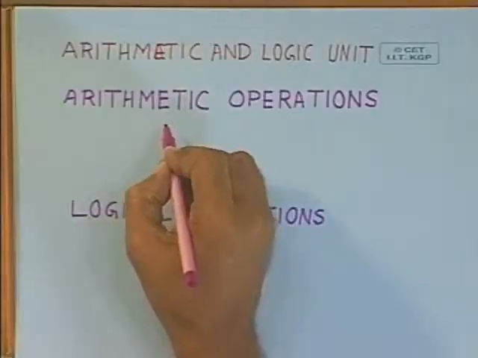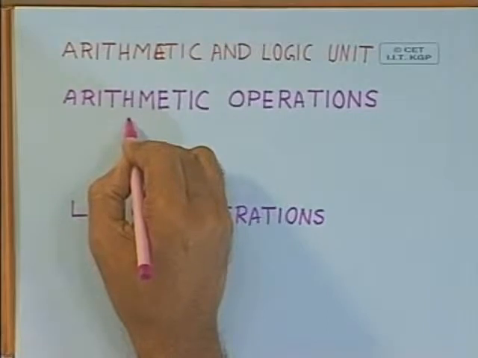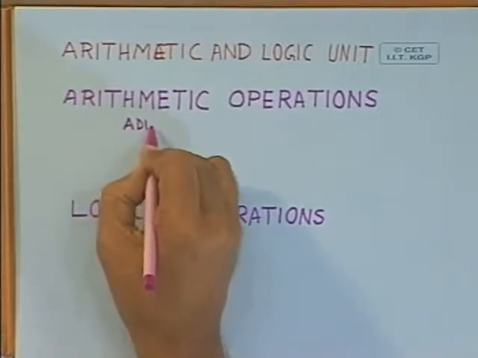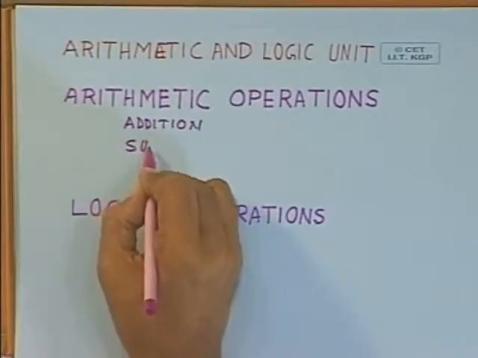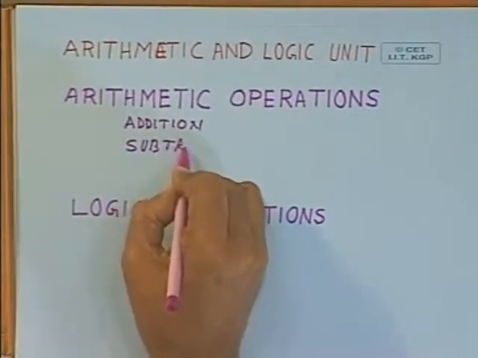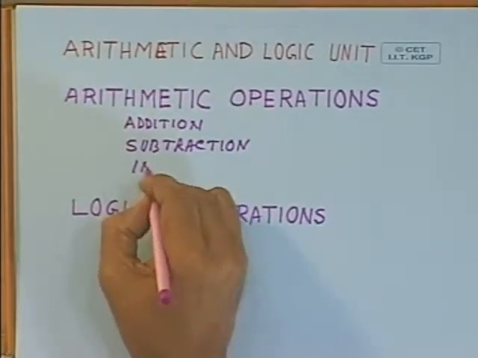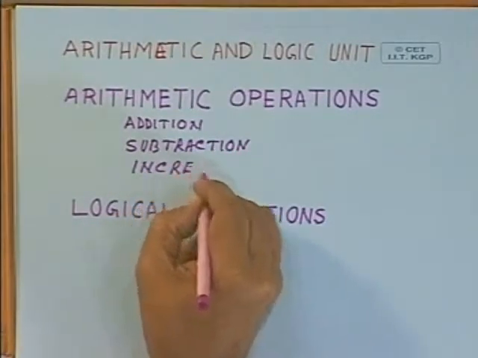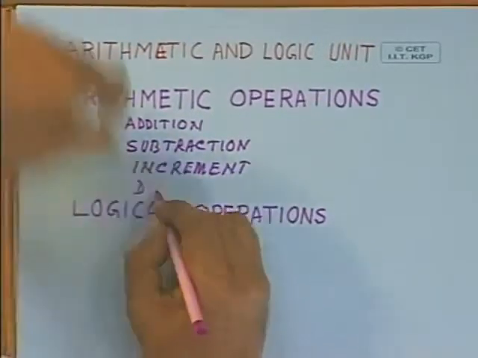For example, in 8085, the arithmetic operations which are provided are nothing but very few: addition, subtraction, increment, decrement.